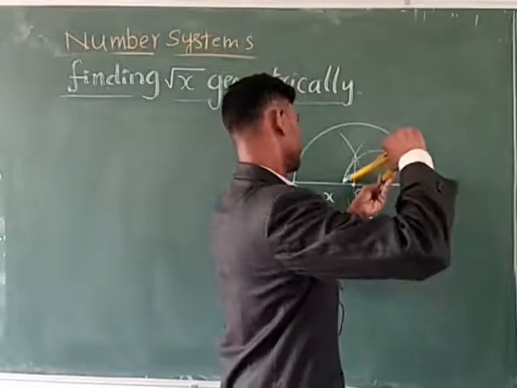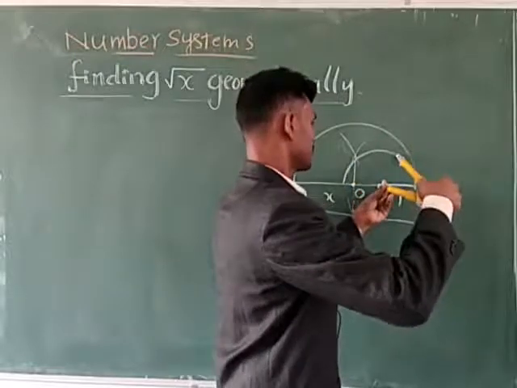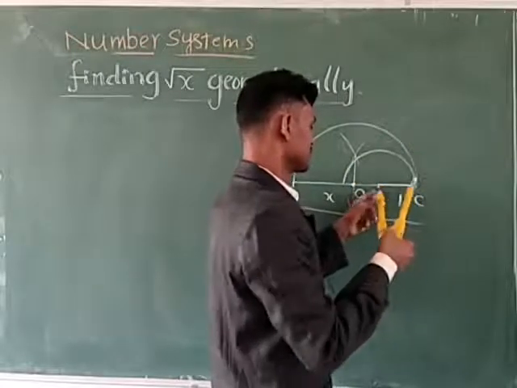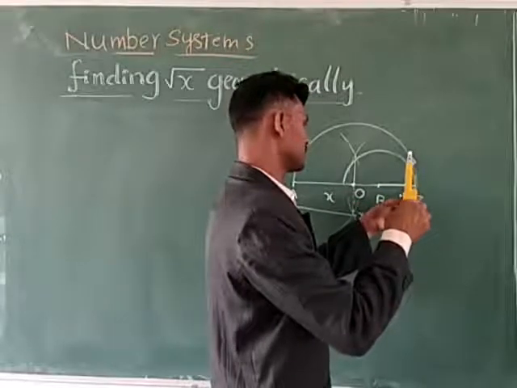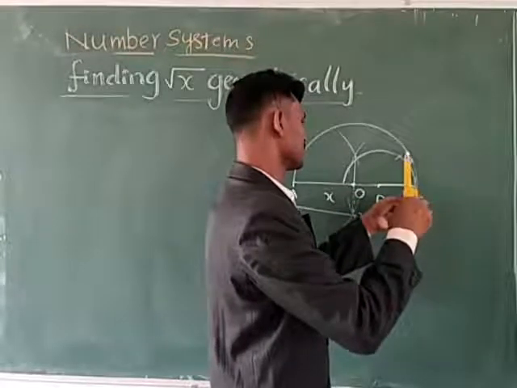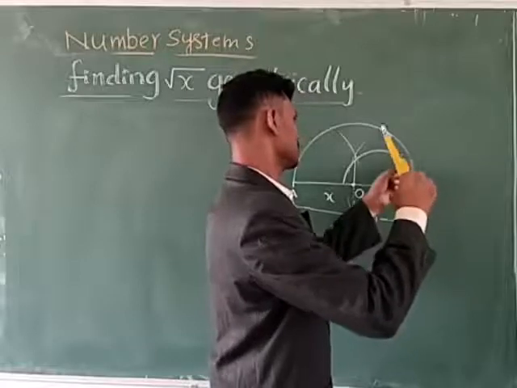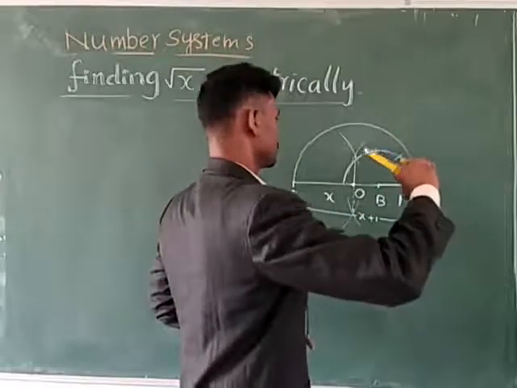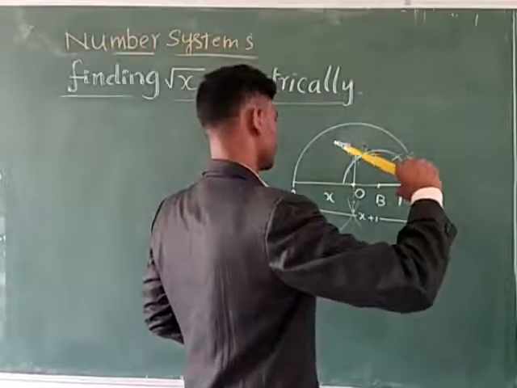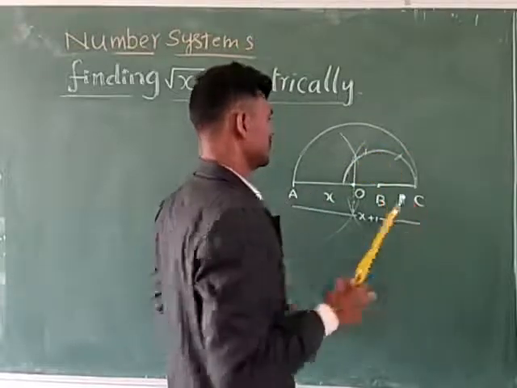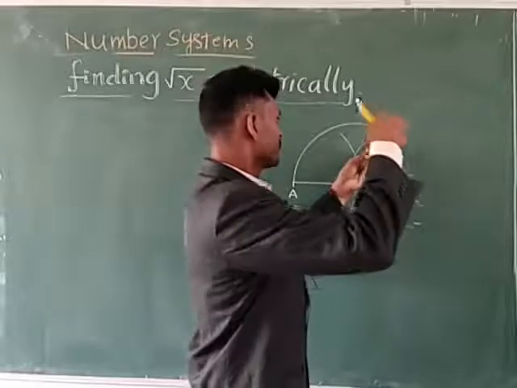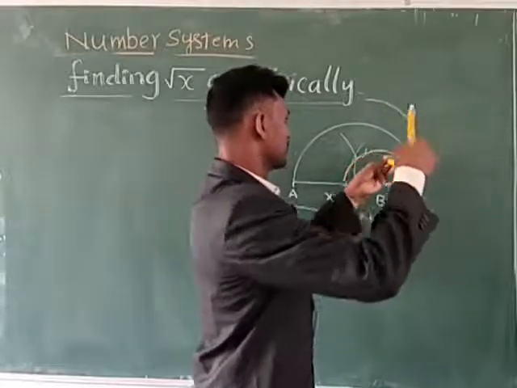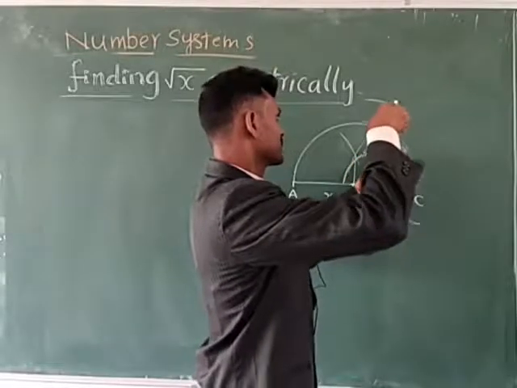See here, the center is B, and you have to draw the semicircle. Now this can be divided into 3 equal parts. 1 from C to here, 2 here to here, this is 3. You can take any radius, draw one arc from here to here.